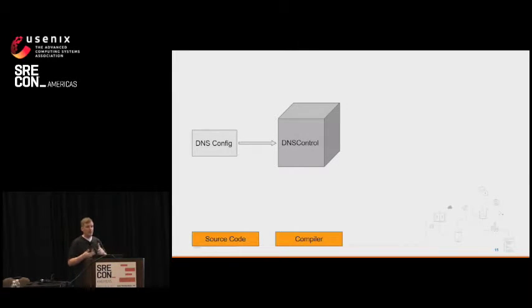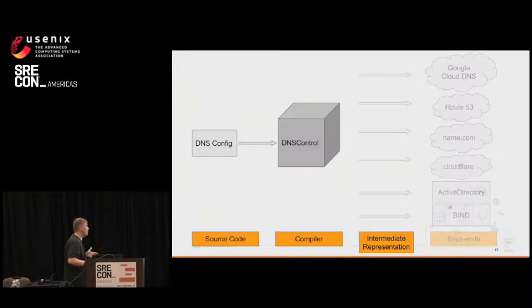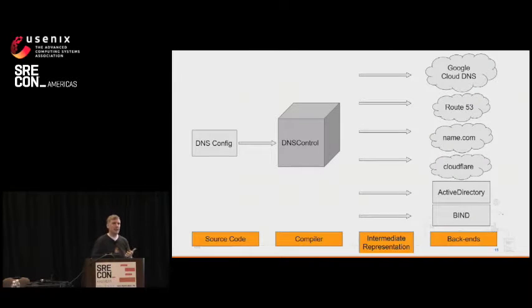It will read our configuration and decide what records we need and build kind of our canonical list of what records we want to have, our intermediate representation. And from there, it pushes it out to all the different backends that we want to use. We are currently in production using 6 different DNS backends for various parts of our infrastructure. And from the single file, DNSControl can push to all of them quite seamlessly, actually.